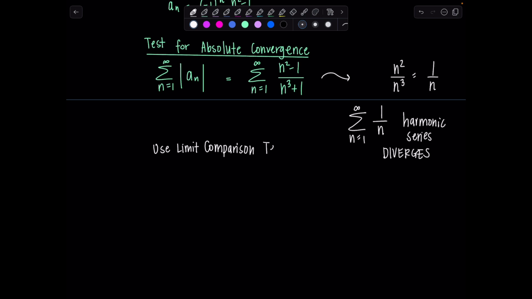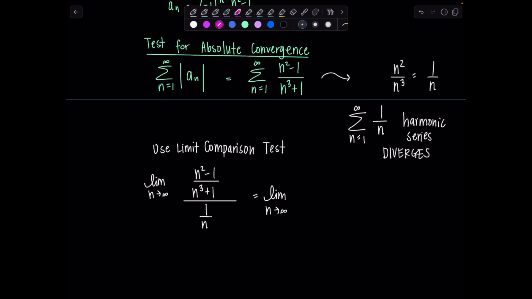And we're going to take the limit as n goes to infinity of the terms of our series, so n squared minus 1 over n cubed plus 1, over 1 over n, the terms of the harmonic series that we're comparing it to. So this is going to simplify. This is the limit, n approaches infinity.